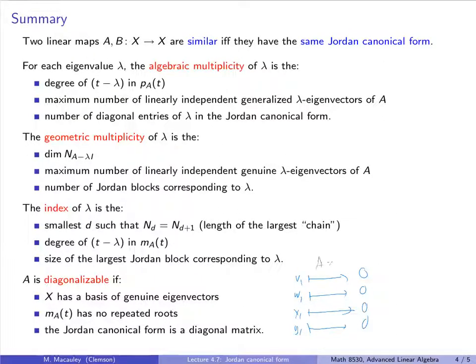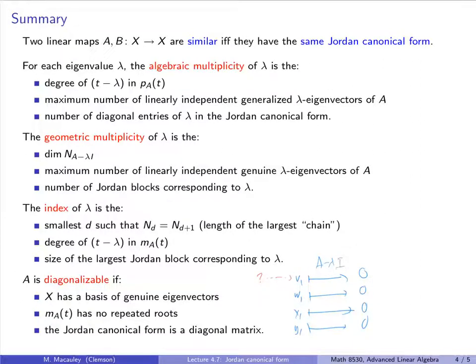So that is equivalent to saying that there are no preimages. There's nothing here that gets mapped onto v1 or any of these eigenvectors. That means that the minimal polynomial has no repeated roots, because you only need one iteration of A minus lambda I for each eigenvalue.